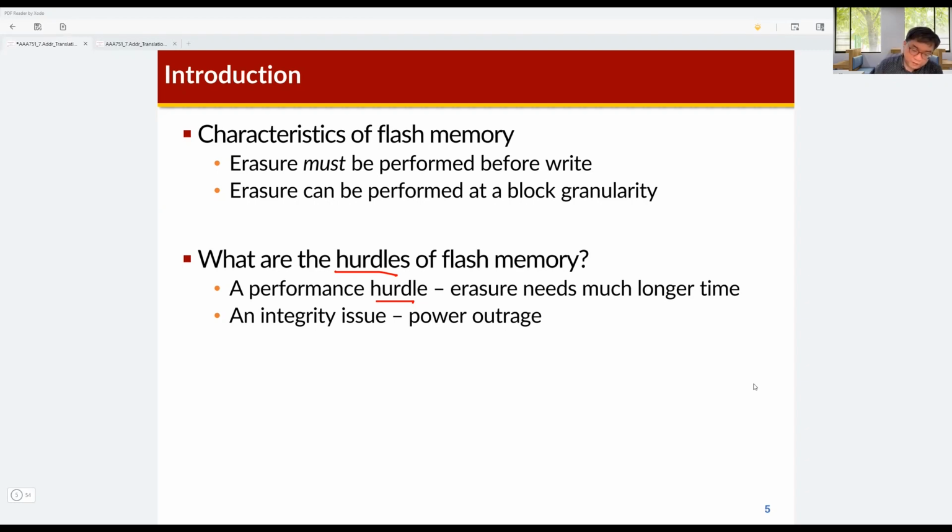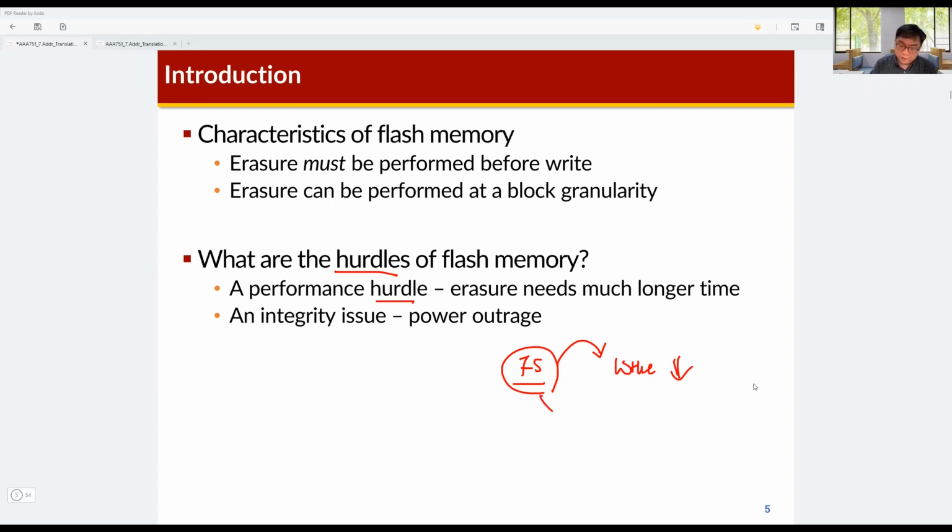The operating system and file system research areas know that write operations are very low performance in storage devices, so the file system also avoids write operations and needs to reduce the number of writes to storage devices.